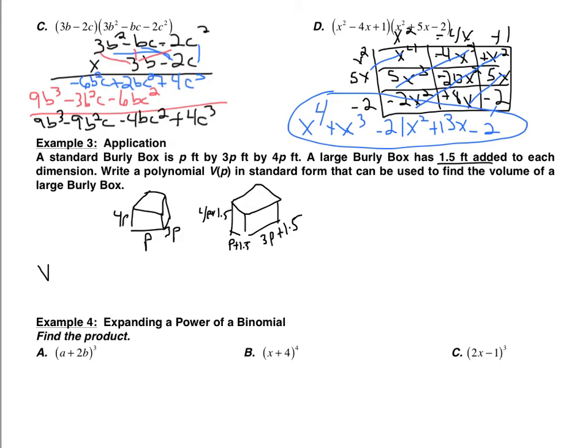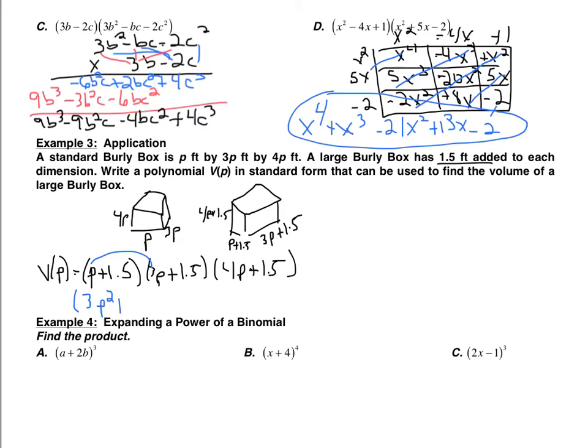So the volume would be p plus 1.5 times 3p plus 1.5 times 4p plus 1.5. And then if we multiply that out, we get 3p squared plus 1.5p plus 4.5p plus 2.25, and then we still have 4p plus 1.5.